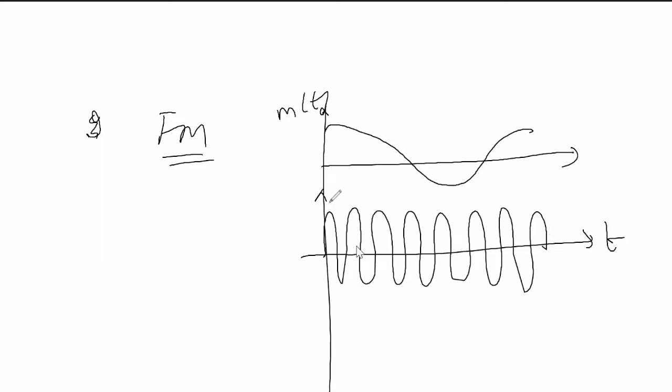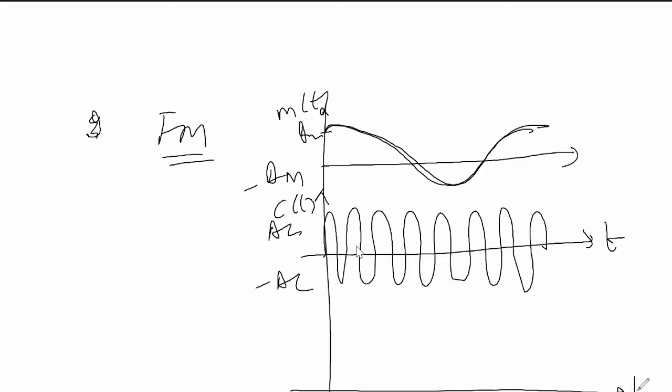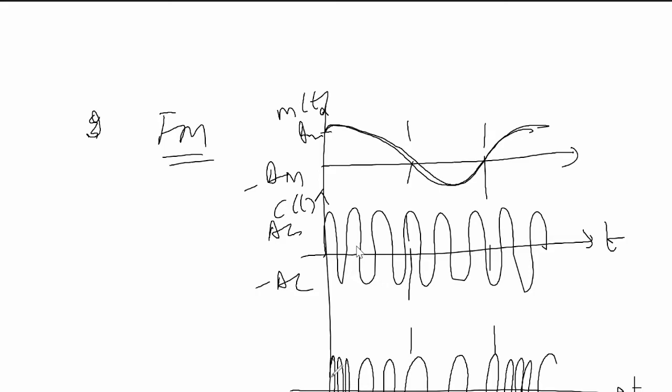Suppose this is your message signal with peak amplitude AM, and this is your carrier signal c of t with peak amplitude AC. In frequency modulation, the frequency of the carrier signal will increase and decrease according to the amplitude of the message signal. So this is our FM signal.